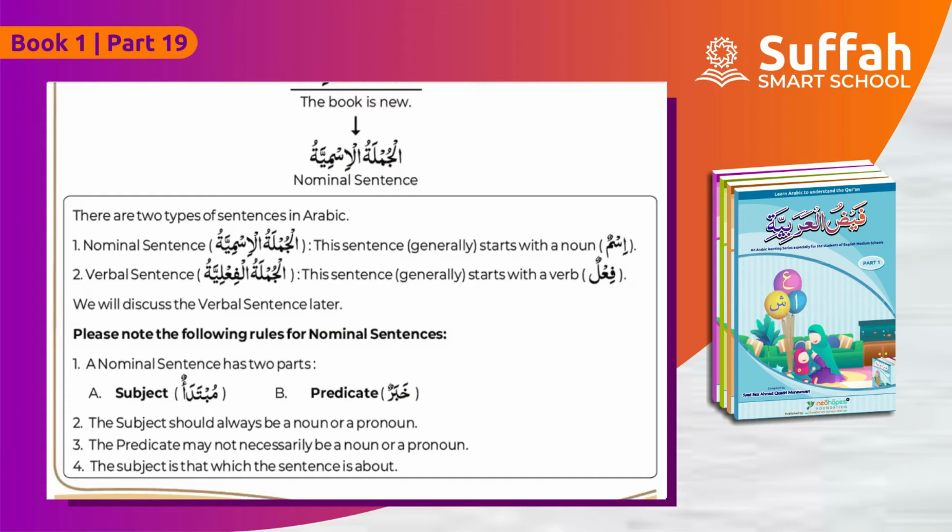Now, Wasfa, if I ask you to make a sentence and I say you use the word Muhammadun as the subject in your sentence, but don't tell anything about Muhammad, make a sentence.